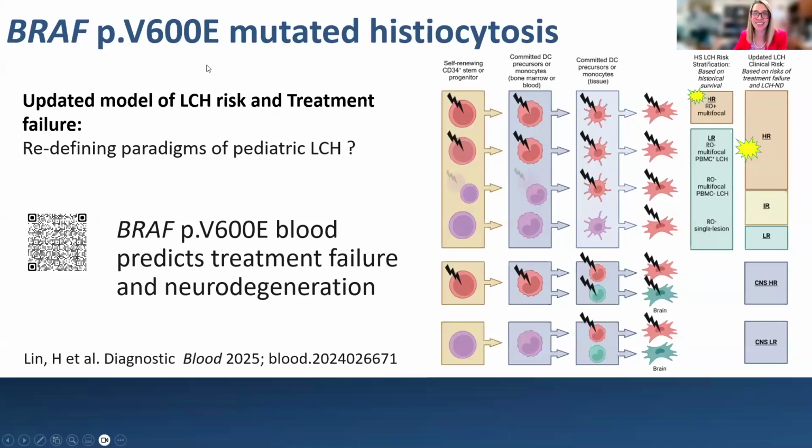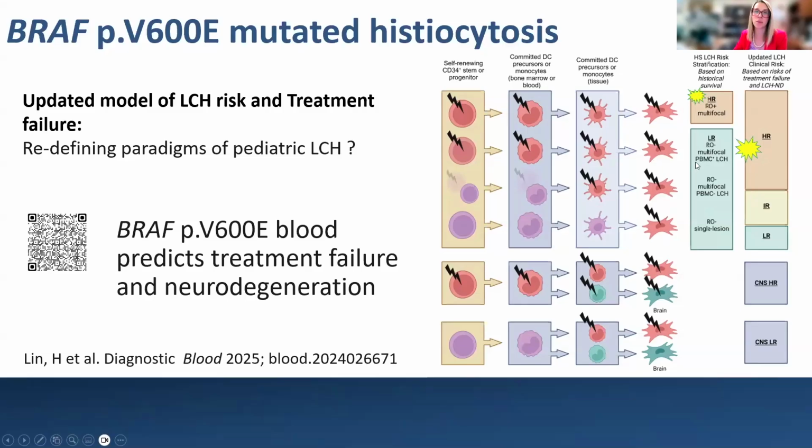We're starting to see this with being able to do more testing for understanding what is in the blood of these patients. So typically in the past, sorry, to mute this. We've thought about LCH within high risk disease based on a survival based model, but now we're starting to understand that some of these children with so-called low risk or risk organ negative LCH will still have a propensity for treatment failure and neurodegeneration.